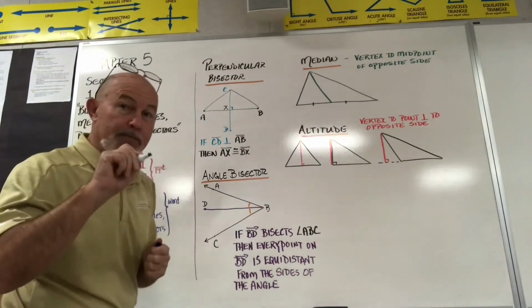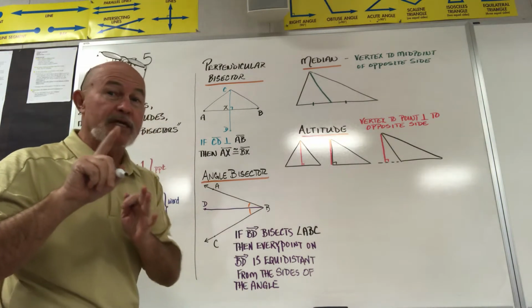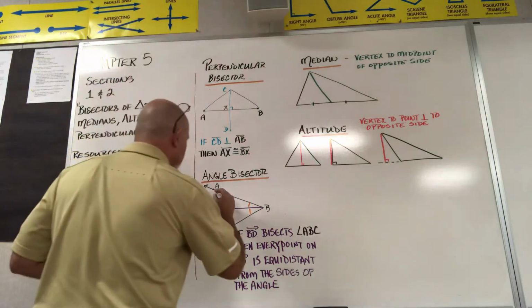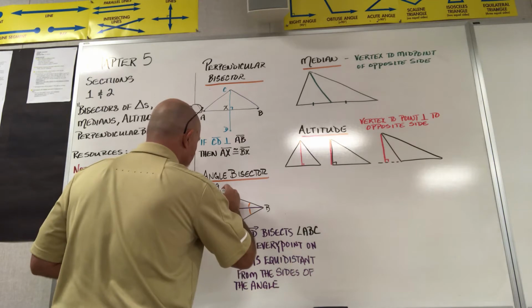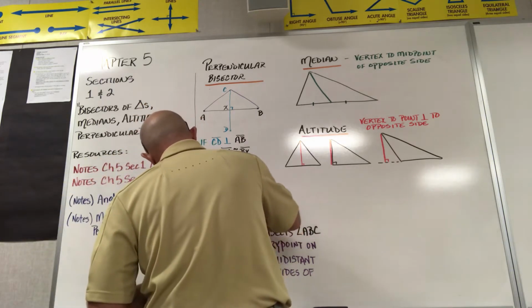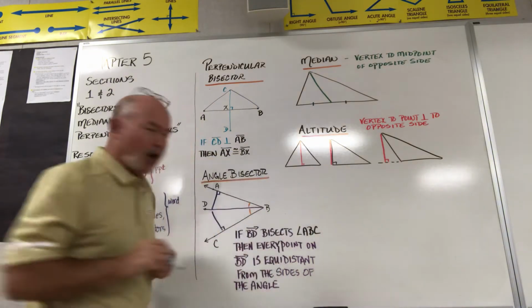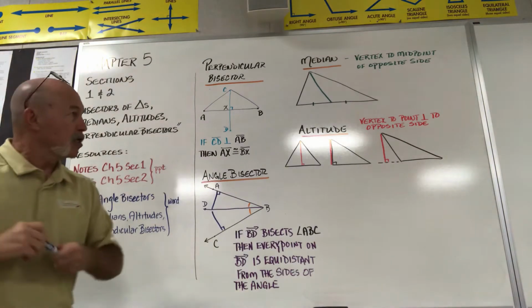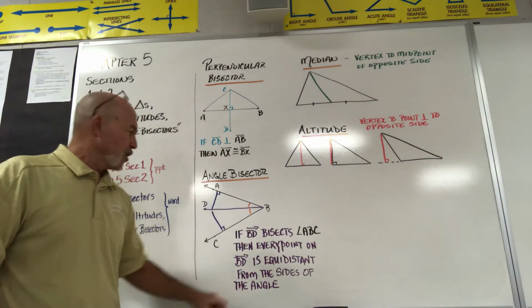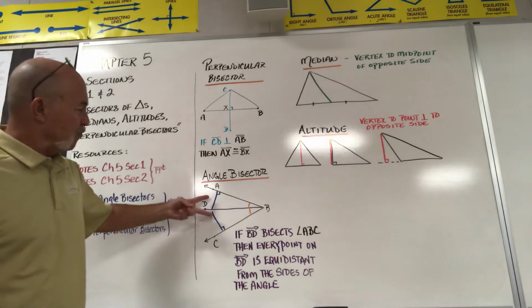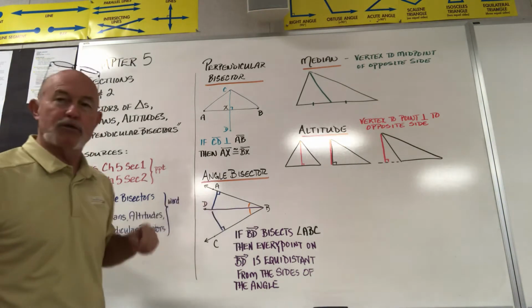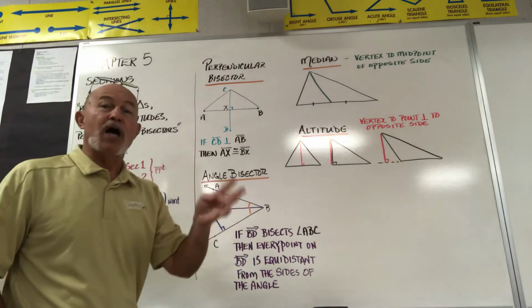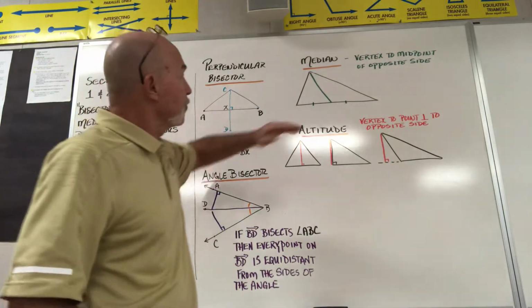And remember, when we measure distance, it's always in a perpendicular segment. So when I do that, those are equal segments. That's important. So if you see this, we know it's a bisector. If you see this, we know those are equal. We got a lot of converse theorems working here.